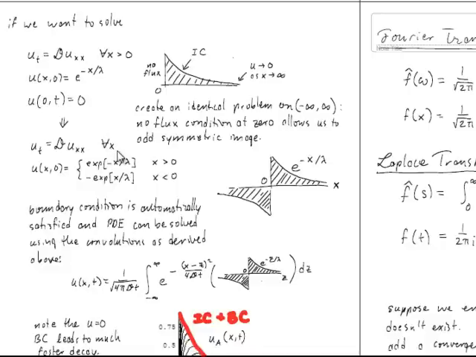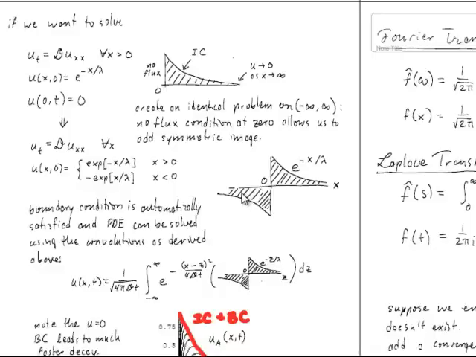Okay, so now in order to make that 0, we can just do an odd extension of our function. So we start out on the right with e to the minus x over lambda, and on the left with minus e to the x over lambda, not e to the minus x over lambda over here.